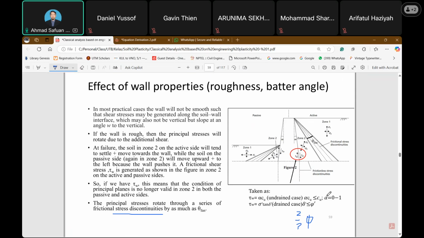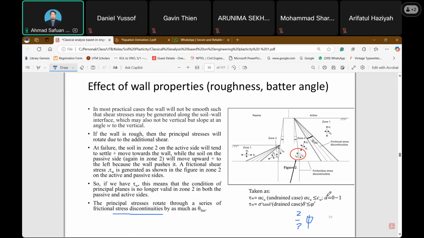The principal stress rotates through a series of frictional stress by as much as what is called theta fan. That is how they explain why the principal plane changes.